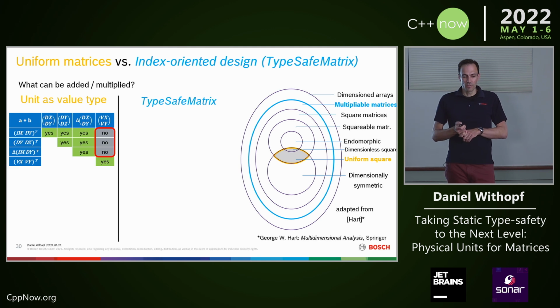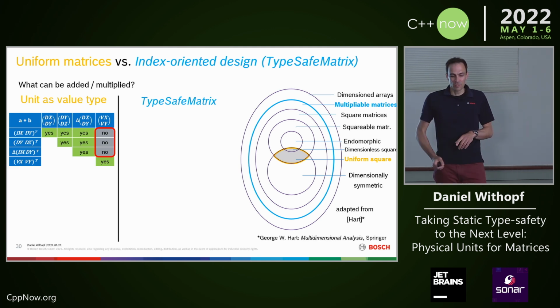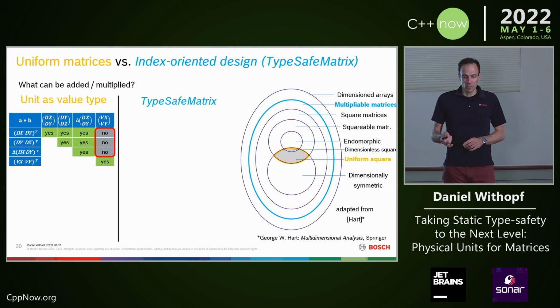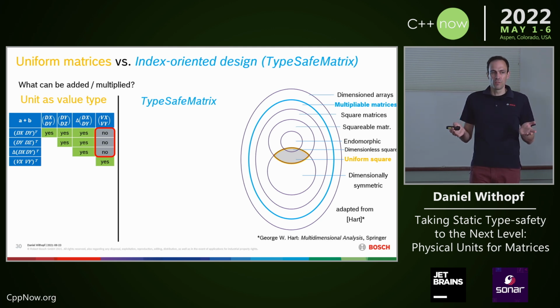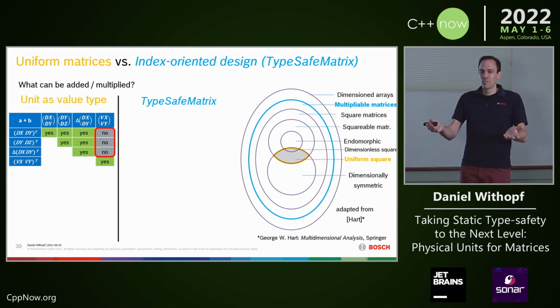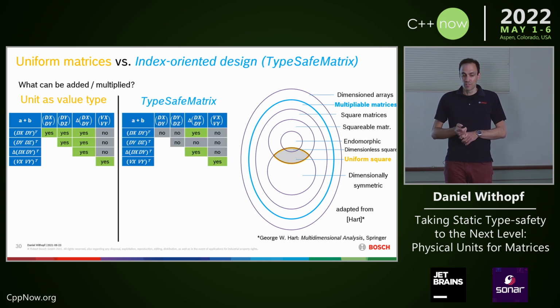As we can see already from the yes and no's in the table, most of the operations are valid, even if you mix up the indices, or if you add two position vectors. The only thing that can be prevented with that approach is the last column, where we mix up the physical units. It's also natural because the only annotation that we have available are the physical units, so of course it can't prevent anything else.